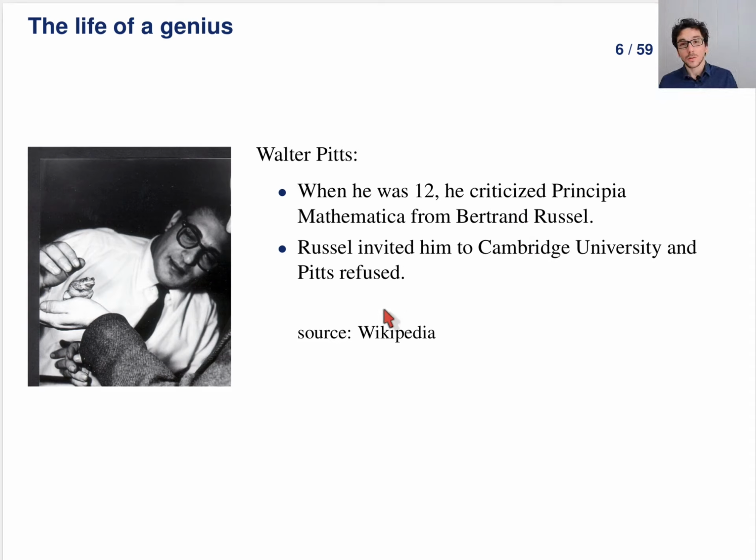And Russell, who was a sort of star in science, invited this kid to work with him. And actually Walter Pitts refused, and then he continued his scientific career independently and with very big results.